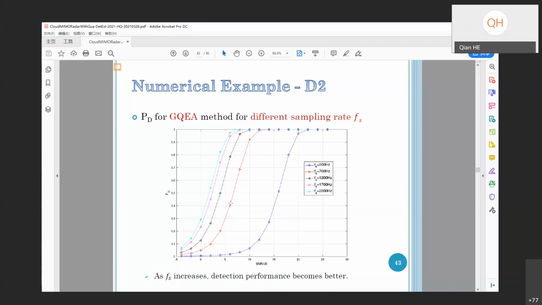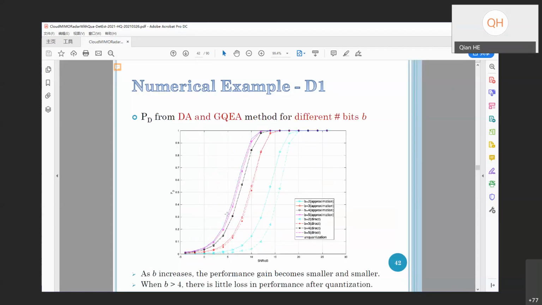This is the increase of PD for a given SNR. But if you further increase the value of the sampling rate, the incremental gain gets smaller and smaller. The same thing for the number of bits, right? You go from 2 to 3, you get a huge increase, but if you further go from 4 to 5, the increase gets smaller.